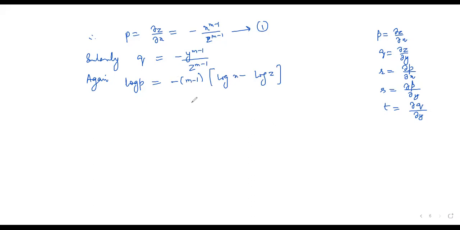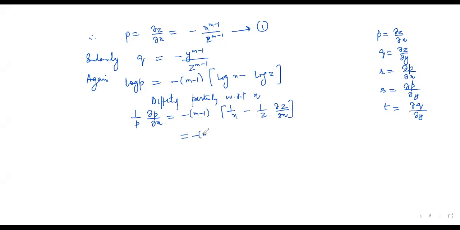So that would give us, if we differentiate it again partially with respect to x, I would get, of course, first 1 by p, then del p by del x, then minus (m minus 1) into 1 by x, then minus 1 by z, and of course the chain del z by del x. So that would be equal to minus (m minus 1) into 1 by x, then minus 1 by z into p.